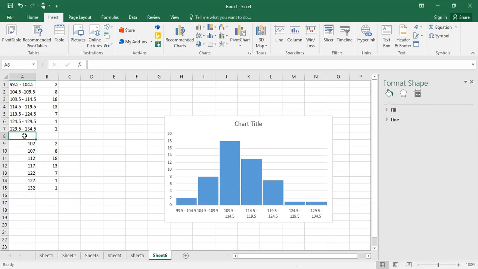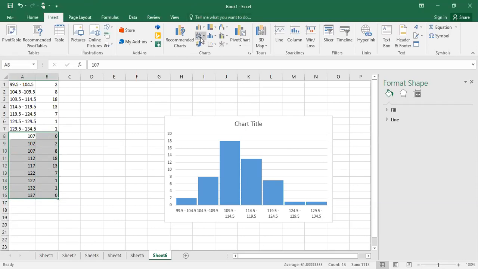So I will subtract 5 from 102 to get 97, and put 0 for that first class. A virtual class before and a virtual class after. That will help me make a better frequency polygon.